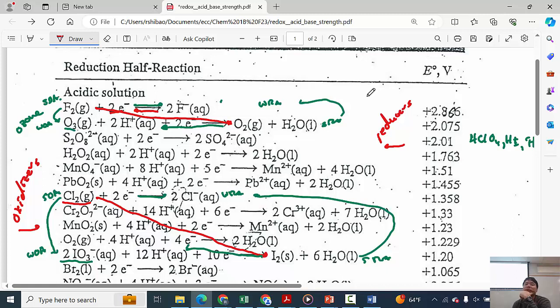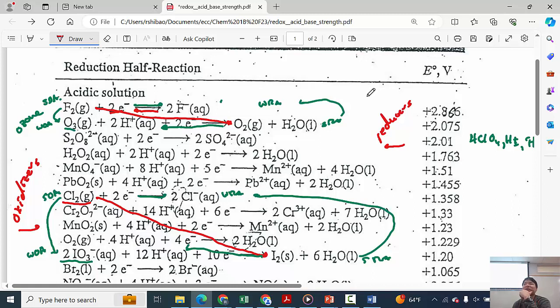What's left? Anything stronger than what? Fluorine. Fluoride will react with anything stronger than fluoride? Fluorine. Fluoride will react, well, is there anything stronger than fluorine on the chart? No, so basically it's very unreactive.